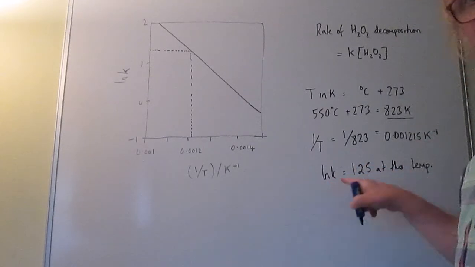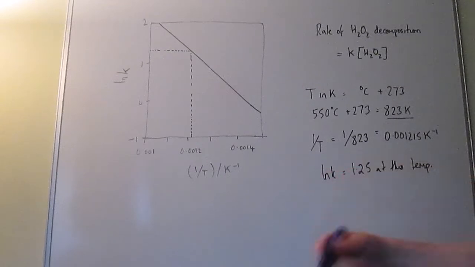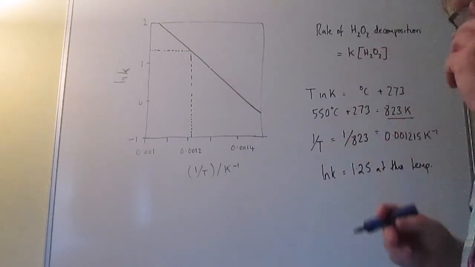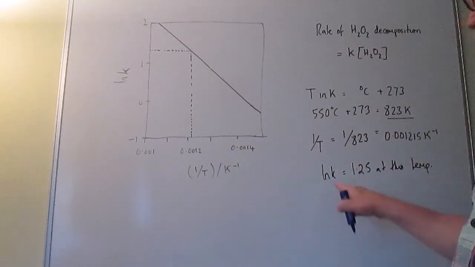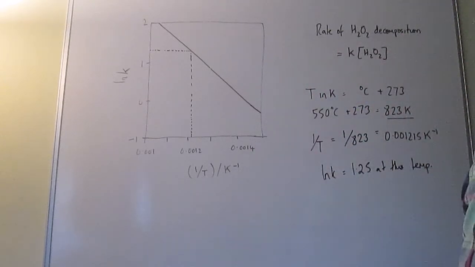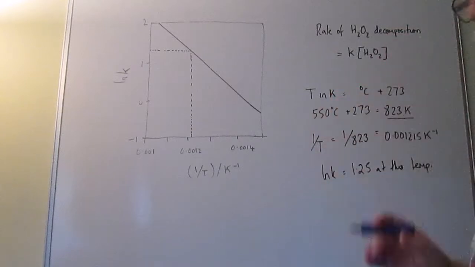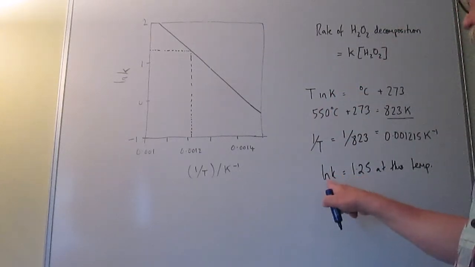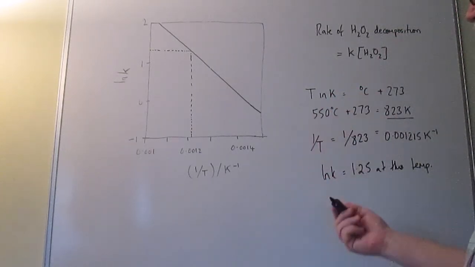So now we've got to change it from the log of K into the actual value of K. And if you look on your calculator, you can see what the inverse operation of the natural log is. Obviously, if you do maths, you know this, but if you don't, just trust your calculator, and it tells you that the inverse of the natural log is e to the x.